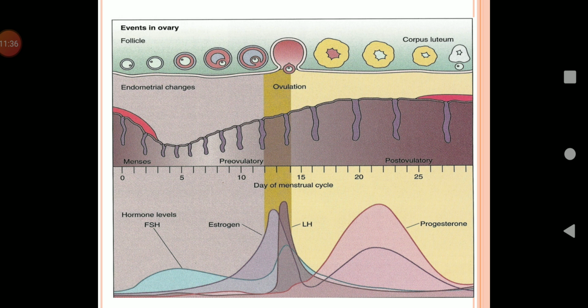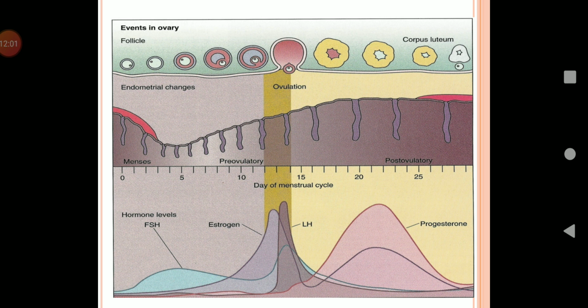Here you can see the events in the ovary, how the follicles develop during the menstrual cycle, during the 4 phases: menstrual phase, proliferative phase, ovulatory phase, and the luteal phase or the secretory phase where the corpus luteum develops and degenerates.